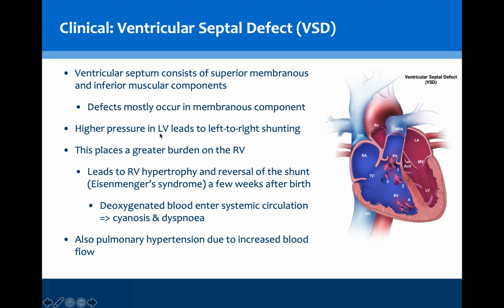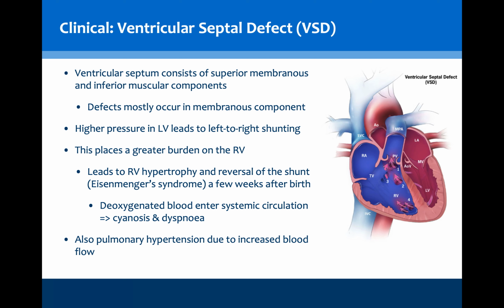Now, this is more typically seen in the ventricles through a condition known as Eisenmenger's syndrome. This is where a defect in the interatrial or interventricular septum means that blood is shunted from the left to the right and then is reversed from the right to the left.